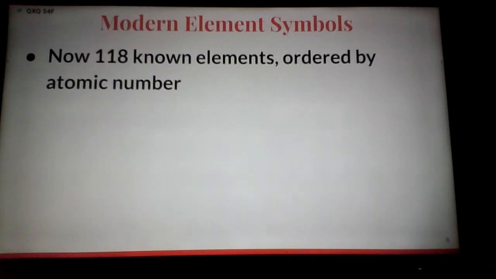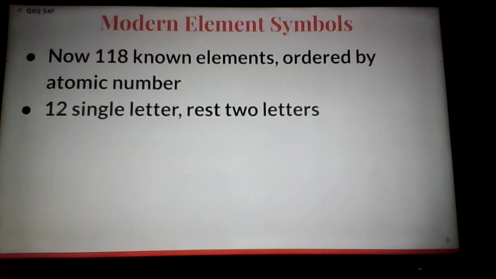Oh, were you ready? The modern element symbols, again, we know of exactly 118 elements, and they're ordered by the atomic number. And we've talked about that before. There are 12 elements that use just a single letter, and all the rest of them use two letters.